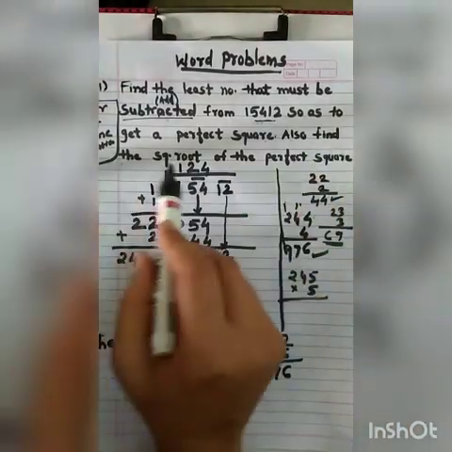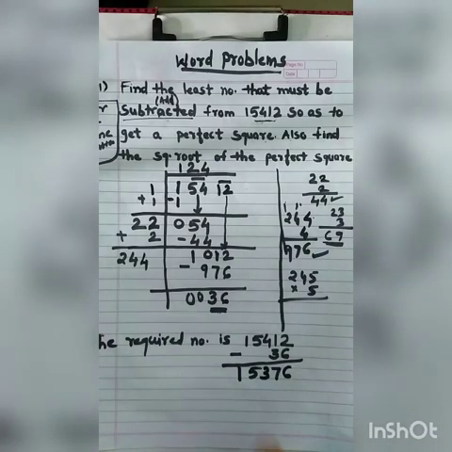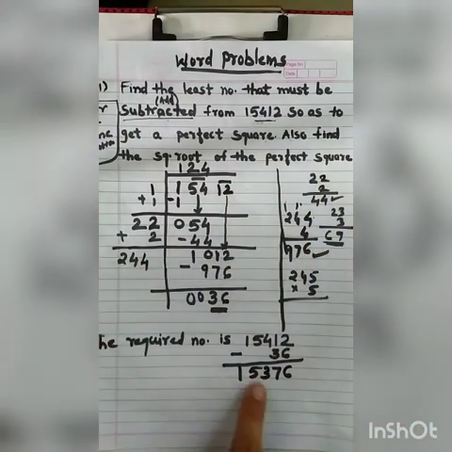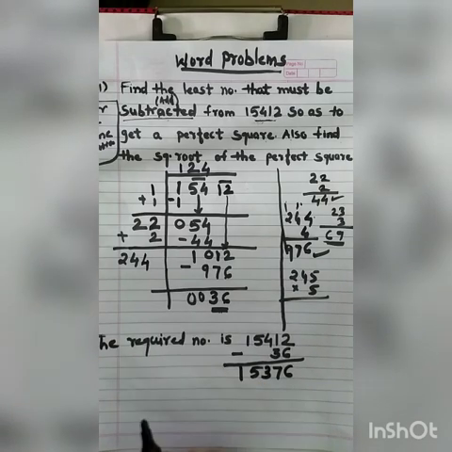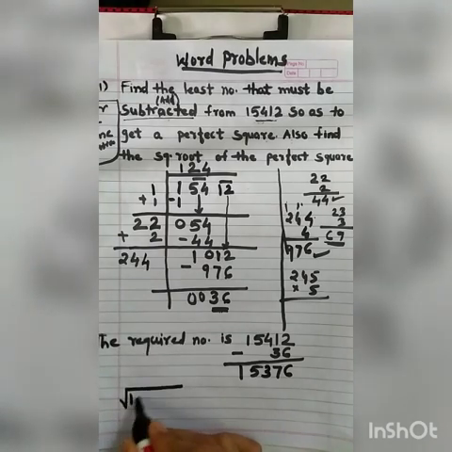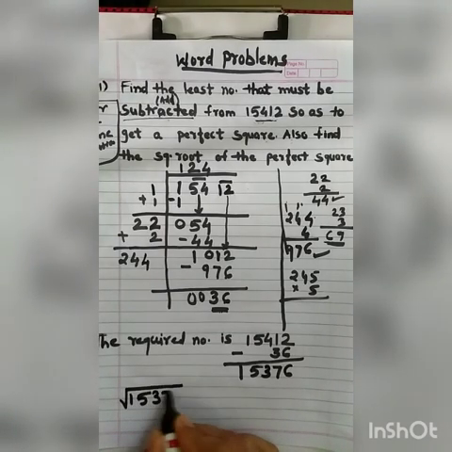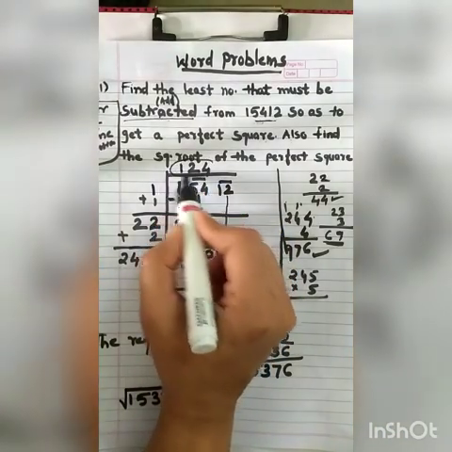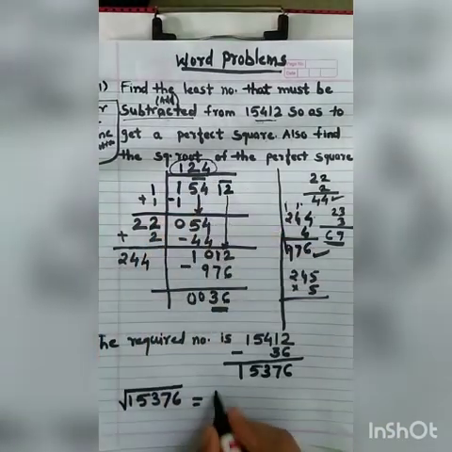But one more line is there: also find the square root of the perfect square. Now this is a perfect square number, and we also find its square root. To find the square root of 15,376, the quotient here is the square root of this number.